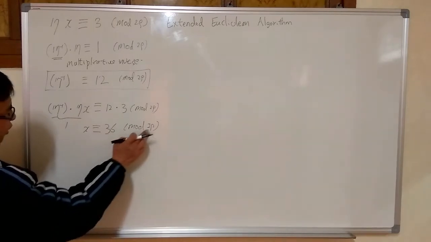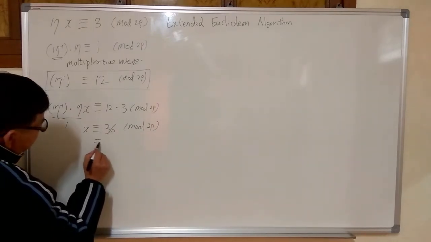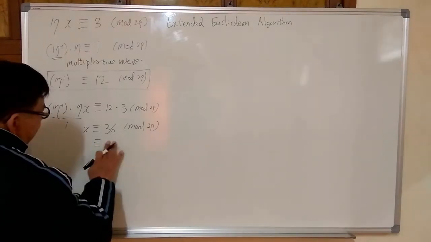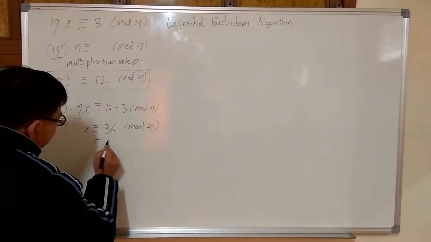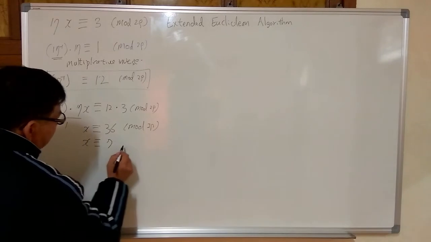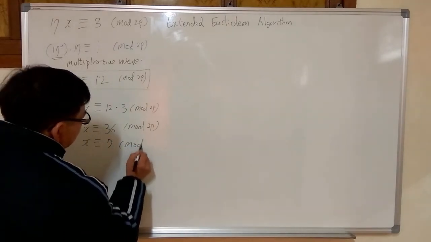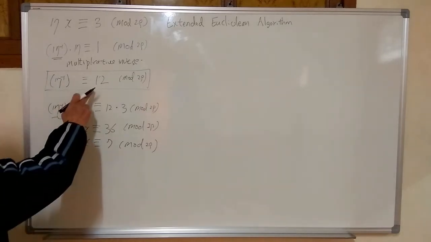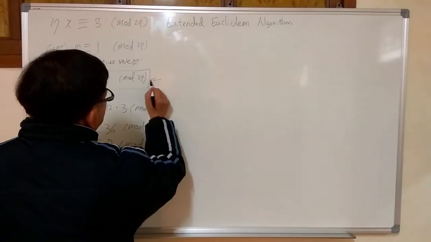Applying mod again, the remainder is 7. So then we solved the problem like this. So the key is how we are going to find this number.